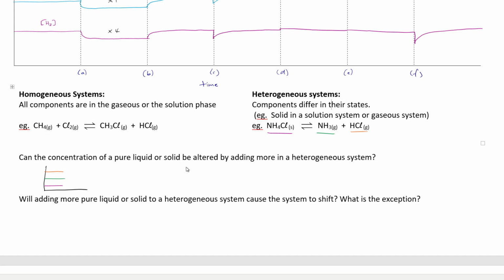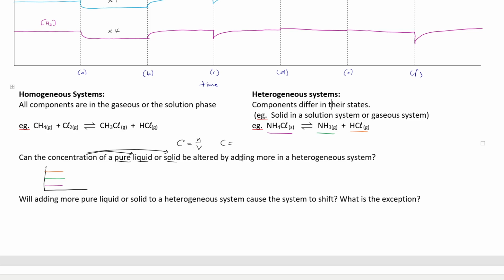If you add more pure solid, should the solid concentration spike up, because it is a pure liquid or solid? Well, if we think about the concentration of a pure liquid or solid, concentration is given as moles over volume.